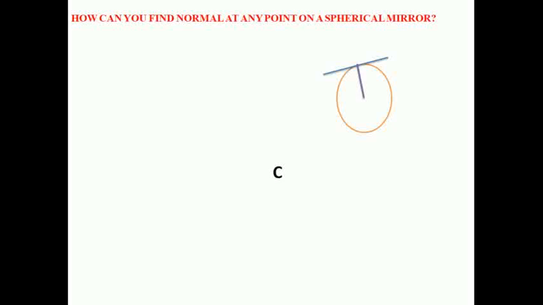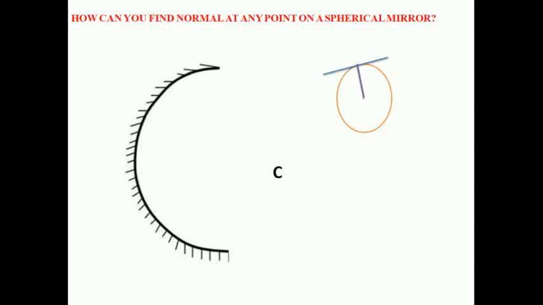Now let us apply this concept to identify the normal at any point on a spherical mirror. For that, let us take a concave mirror. We have taken a concave mirror, and we have identified the center of curvature, and from this center of curvature we are trying to draw a line to a point on the mirror.